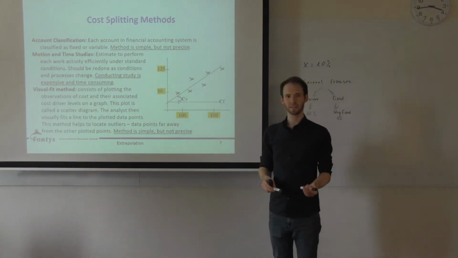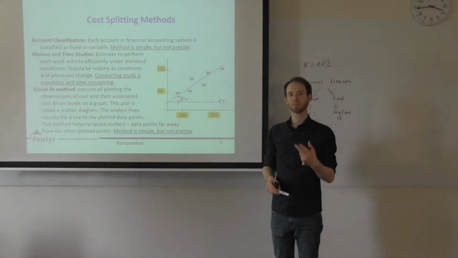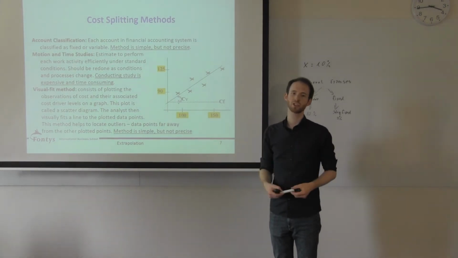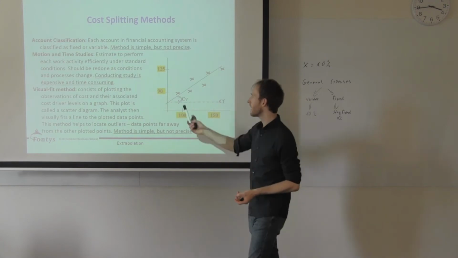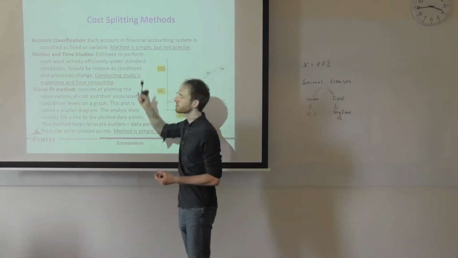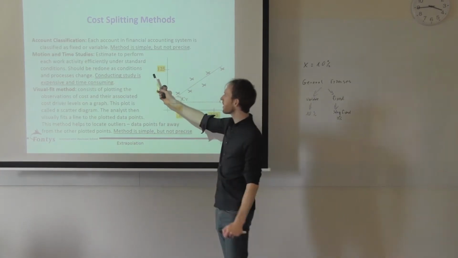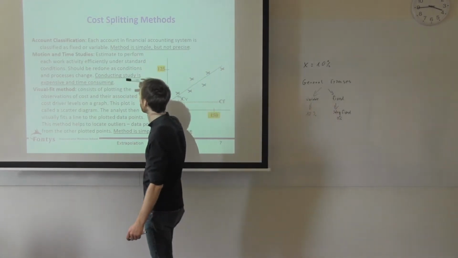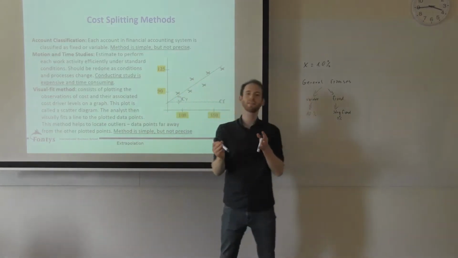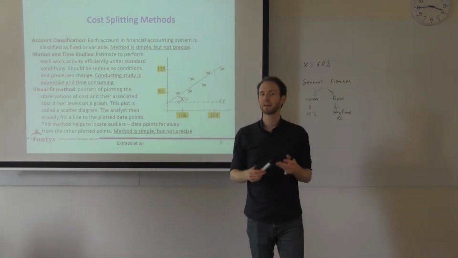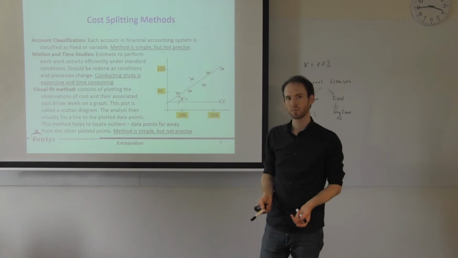This is not as accurate. This is easy and helps the company to make quick projections, but it's not accurate. Because of course it's not true that this is completely variable. Then we also have motion and time studies to see what exactly the variable and fixed parts are. That's very good, but very time consuming.